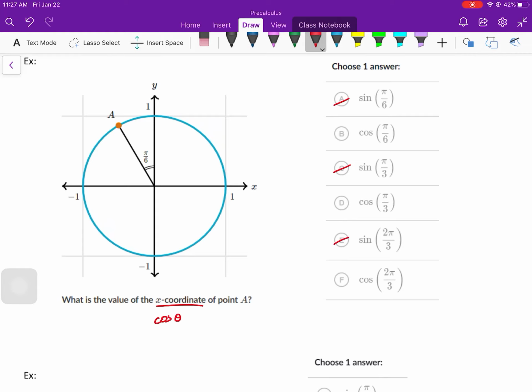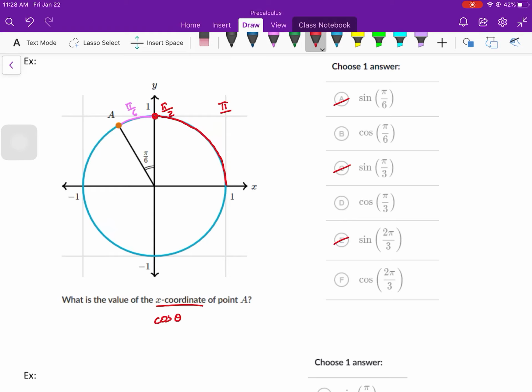But what's our theta? What's our angle here in radians? Well, a quarter of the circle, remember, is pi over 2. That's this point. So we're going to add pi over 6 to it. So pi over 2 is this portion here, and then pi over 6 is that portion there.